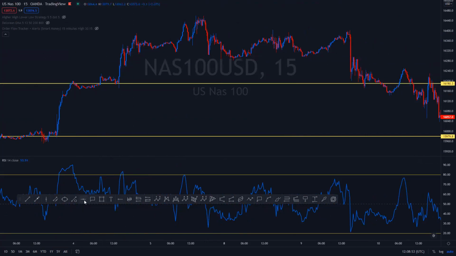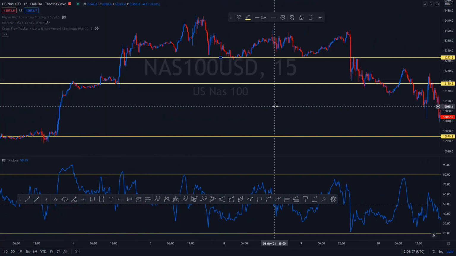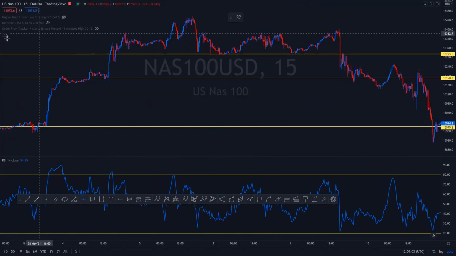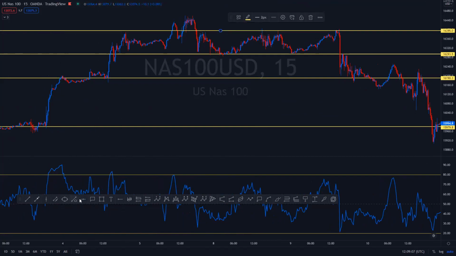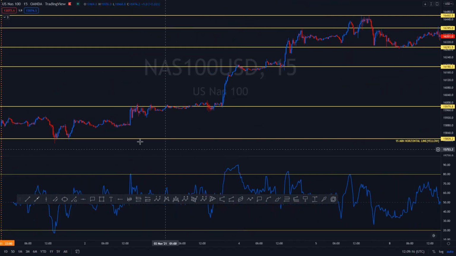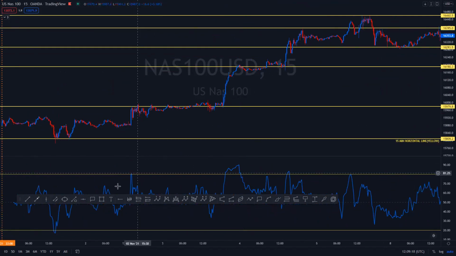I think this is probably going to be a good area as well here. Maybe put one all the way to the top here. And then now we're going to mark up the zones, okay?